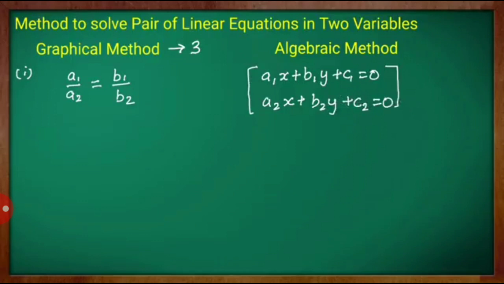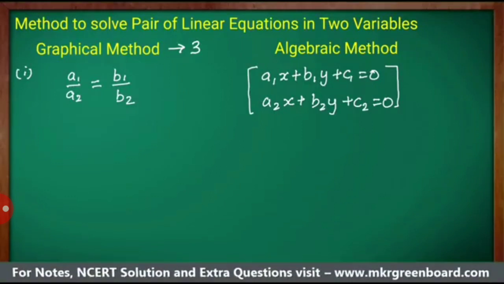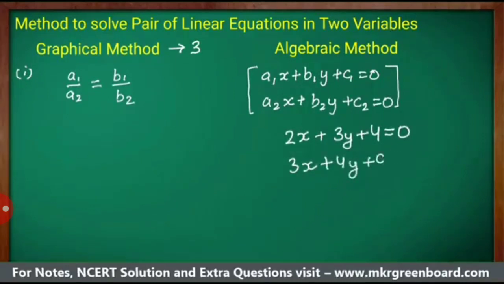So for the graphical method we have to compare the coefficients of both the equations, like a1 upon a2, b1 upon b2 and c1 upon c2. For that we take one example to show how to take the ratio of their coefficients, like 2x plus 3y plus 4 is equal to 0, 3x plus 4y plus 9 is equal to 0.